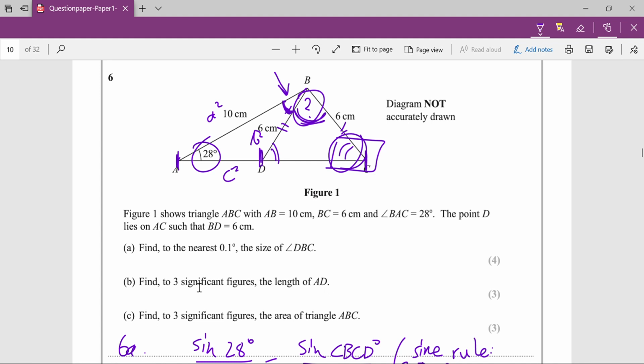And finally, it's find to three significant figures the area of triangle ABC. So that's this entire assembly here, the entire triangle.